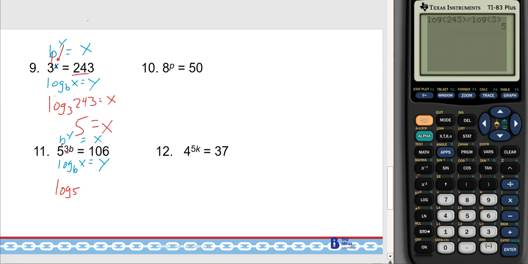So log base 5 of x, which is this 106, equals y, which is 3b. So I have something that I can evaluate here in the calculator. So let's go ahead and do that. Log of 106 divided by log of 5, using that change of base property, log a big over log a little.